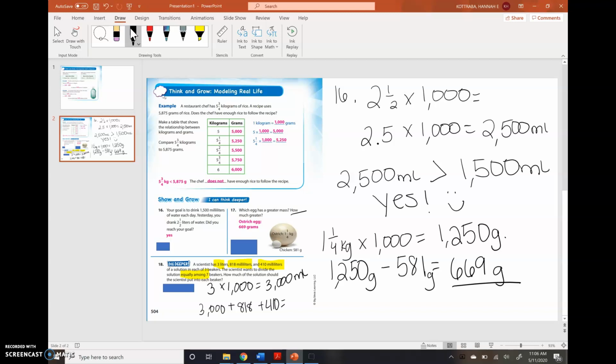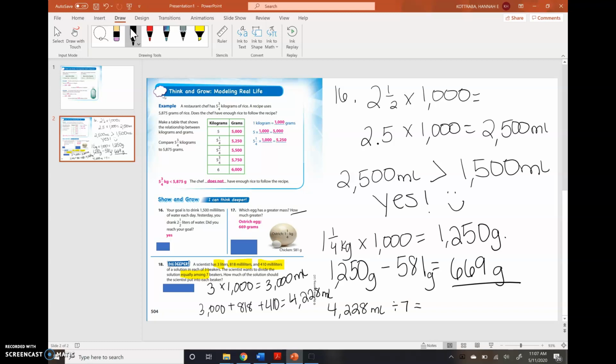When we add that up, that's 4,228 milliliters. That's how much total solution we have, but we're not done because we read the sentence that says he wants to divide it equally among 7 beakers, so you have to divide, right? It gives you that clue. So here's our total amount of solution, but we want to split it equally amongst 7 beakers.